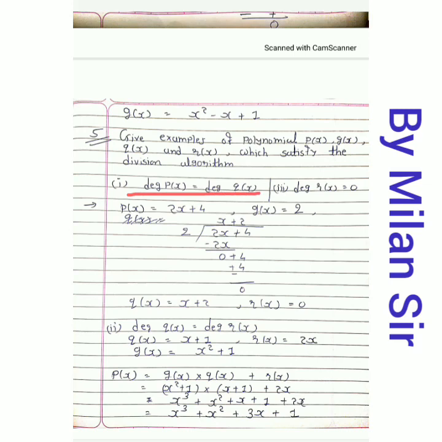That means we need to give the type of example that will satisfy this condition. And we need to give an example of p of x, g of x, q of x, and r of x. But I solve questions 1 and 3 together because I have the same answer for both of these questions. And question number 3 is degree of r of x is equal to 0.